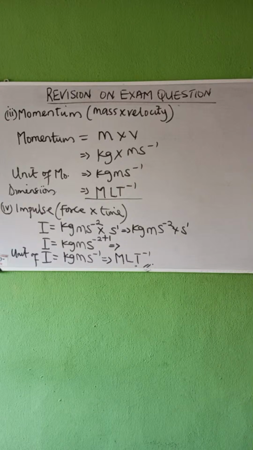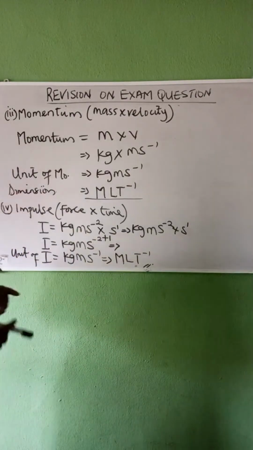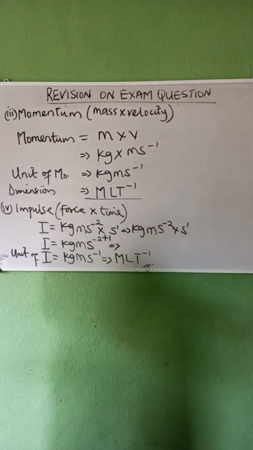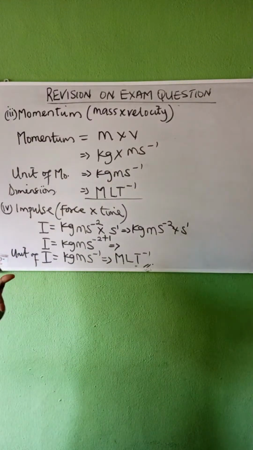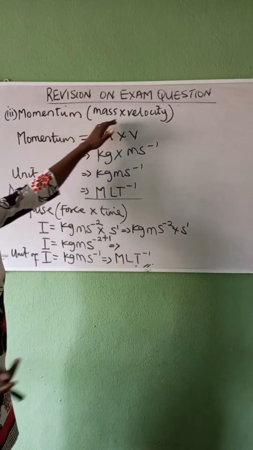Okay, I should explain again. All right, so looking at what I have, we have momentum, okay? We are asked to get the dimension of momentum. Before we can do that, the examiner even went ahead to tell you that momentum is mass multiplied by what?